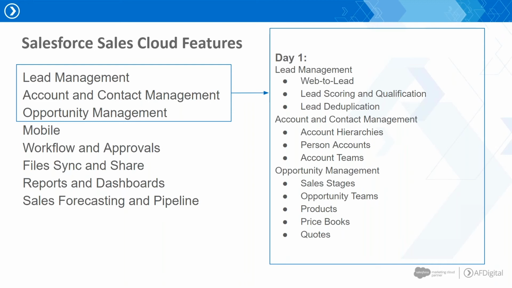So it can be, for example, our company is AF Digital, and we can create a parent account AF Digital, and its remote locations can be AFD Australia, AFD Philippines, or AFD Singapore. So in this way, we can easily classify how those accounts are related, instead of them just being created separately without any relationship.